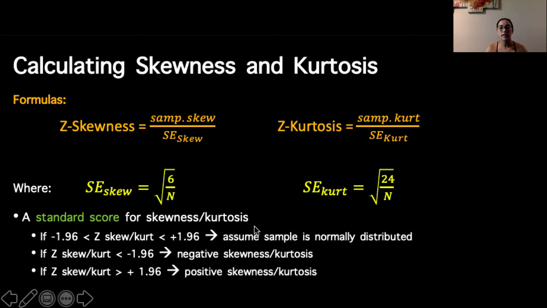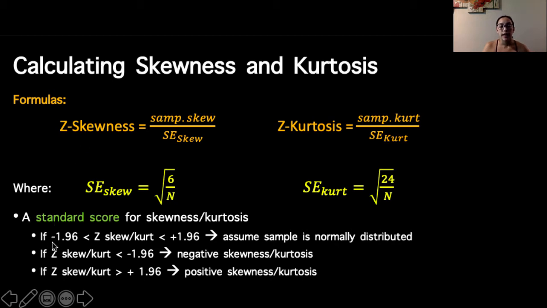Again, it doesn't matter what the units are that you've collected when you create some type of z-score; everybody's in the same unit now. The way that we evaluate if we have an outlier or if we have positive or negative kurtosis is based on the value that you end up with when you calculate your z-score.